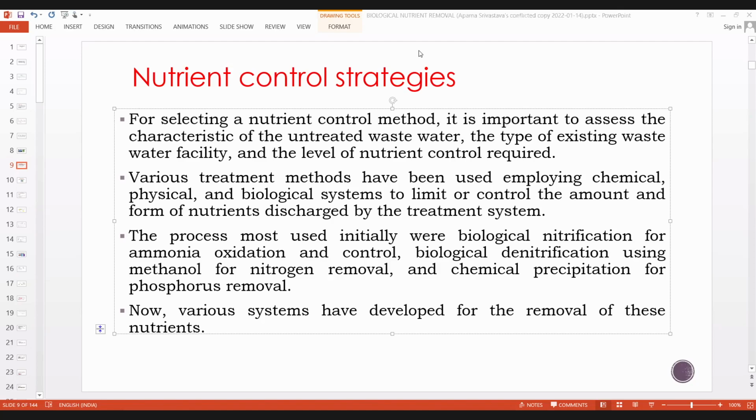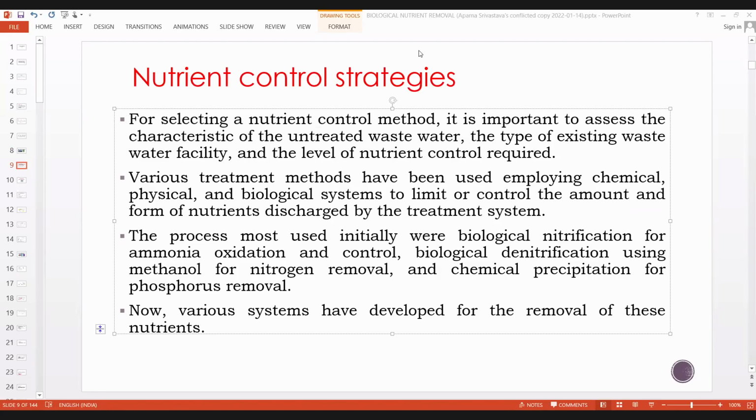Okay, and what is my target? Because when I'm talking about nitrogen removal from wastewater, the ultimate thing is that we are going to convert it into nitrogen gas, that is nitrification followed by denitrification.